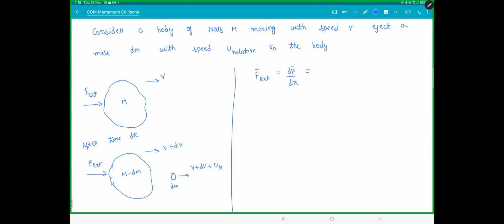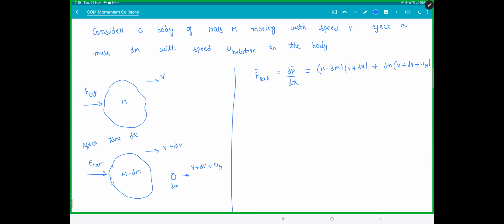Final momentum of this body, initial momentum of the body, subtract them. So what is the final momentum? M minus dm into velocity v plus dv, plus dm into velocity v plus dv plus u relative. Whenever a particle jumps from the body, what is the final velocity? It is velocity with respect to the new velocity of the body, isn't it?